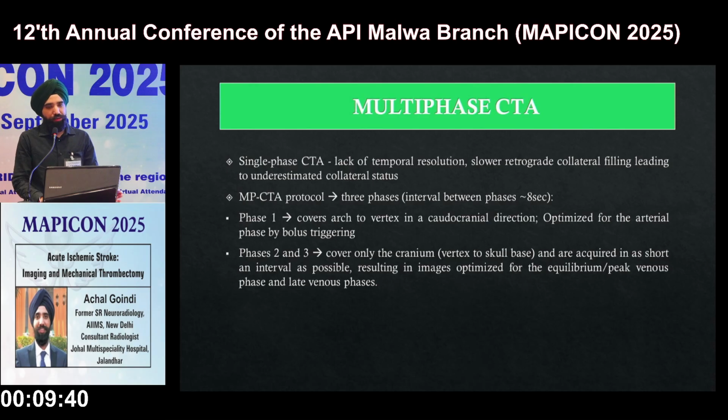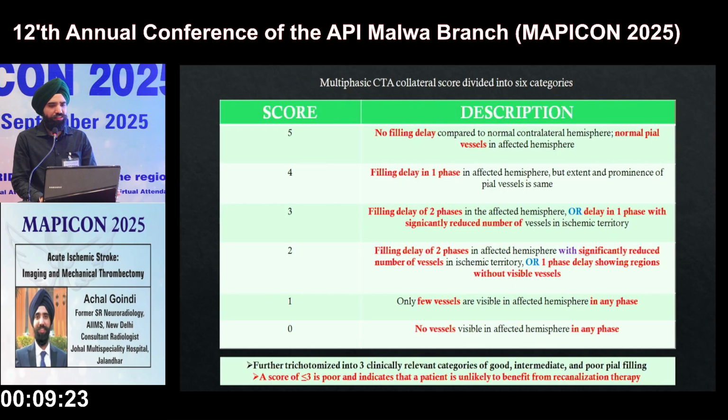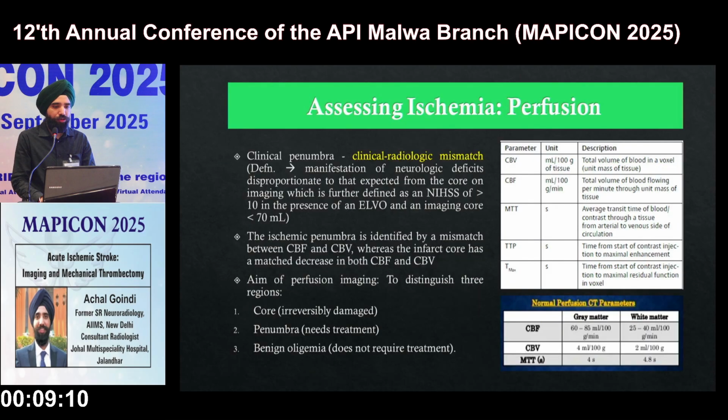So if we acquire multiphasic CT, even if there is delayed filling of the collaterals, we can have a better idea of the collateral circulation, and that will help us to decide how the treatment will help and how much time we have when we are proceeding towards the treatment. So this is again the collateral scoring system, where the higher score depicts a good collateral, and 0 meaning the collaterals are basically absent.